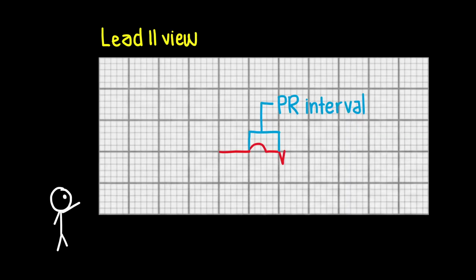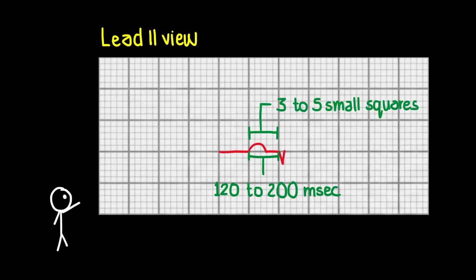It's easier to measure the PR interval in the lead where the P wave is clearest. Usually, that's lead 2. The normal PR interval is about 120 to 200 milliseconds. That's equivalent to 3 to 5 small squares horizontally on the ECG paper.